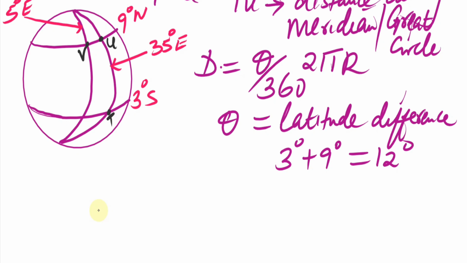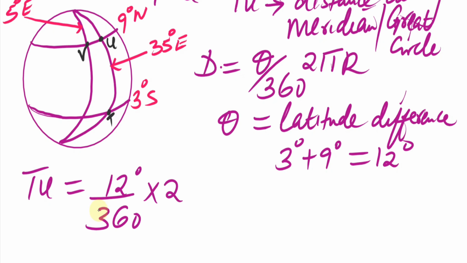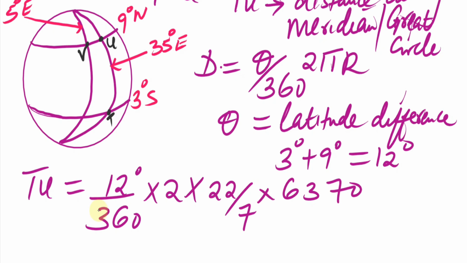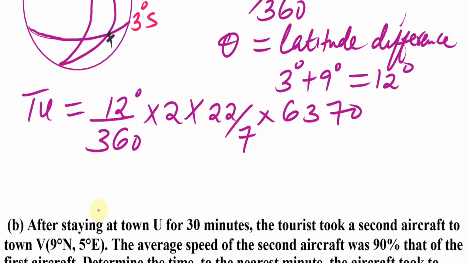So distance TU is given by 12 degrees divided by 360 multiplied by 2 pi multiplied by the radius of the earth. That is what will give the distance.